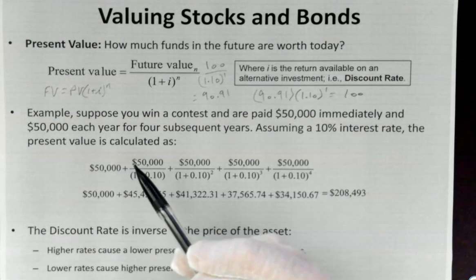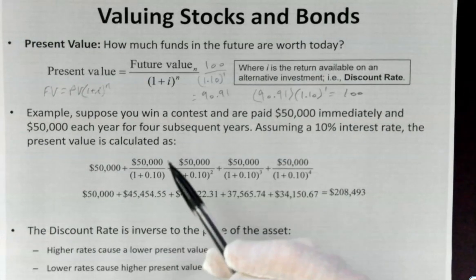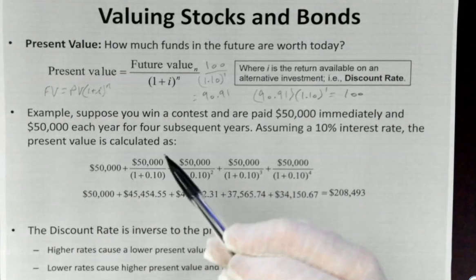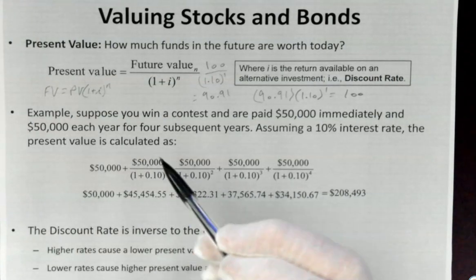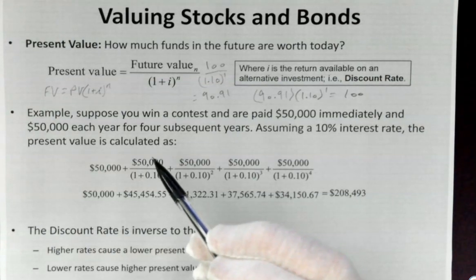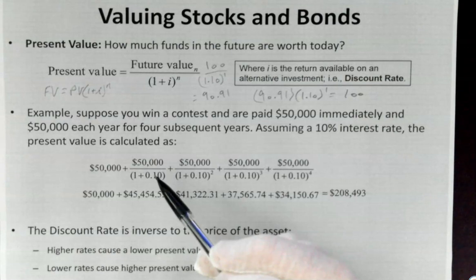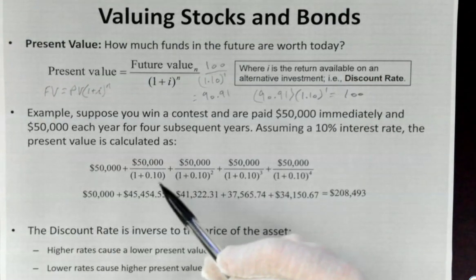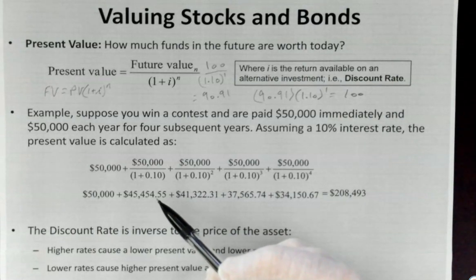But look what happens the first year. Remember, you're going to get $50,000 each year for 4 years. So this first year, 1 year from now, you're going to get $50,000. Assuming that the discount rate is 10%, you take $50,000, you divide it by 1 plus 0.1, which is 1.1, and that gives you $45,454.